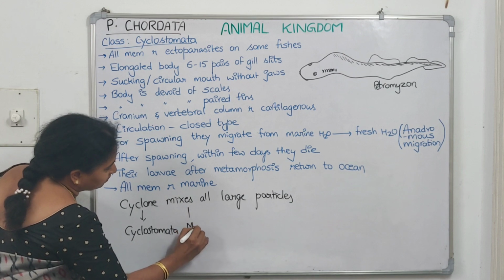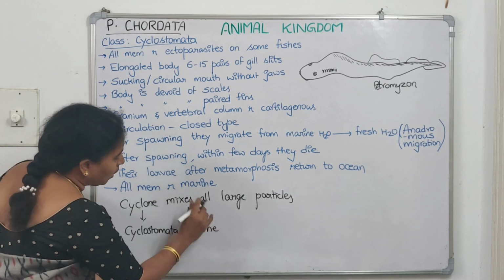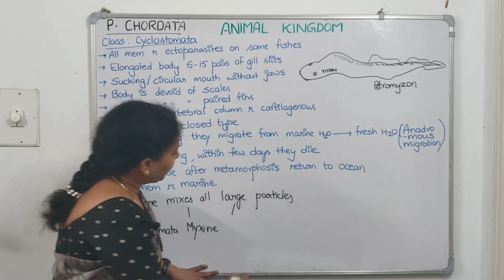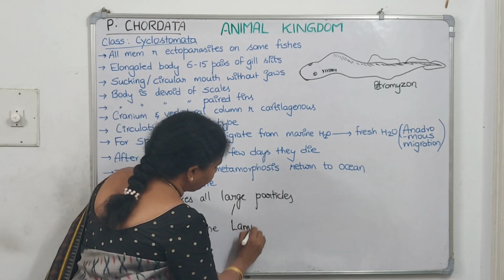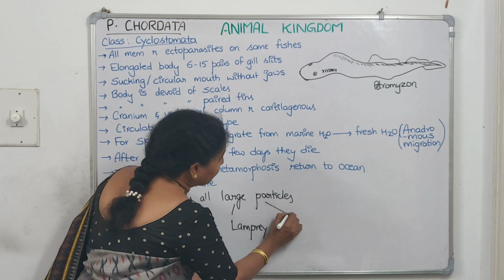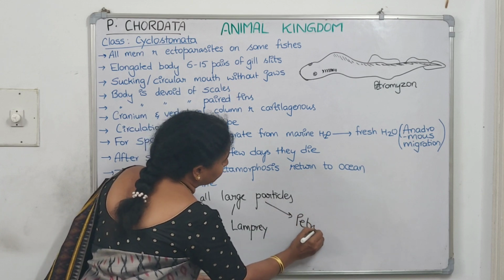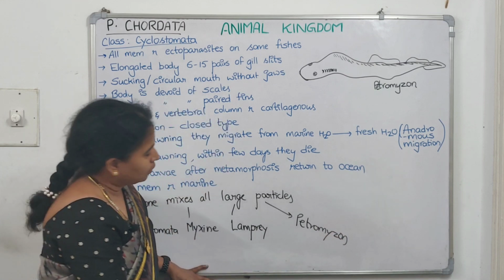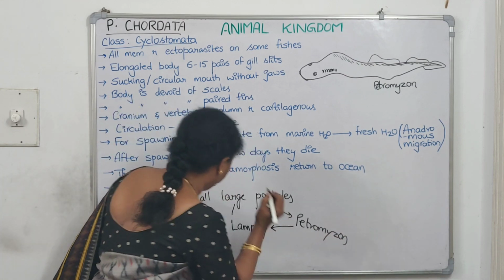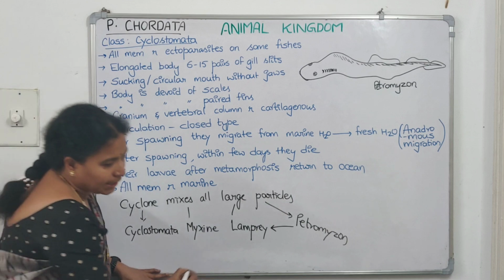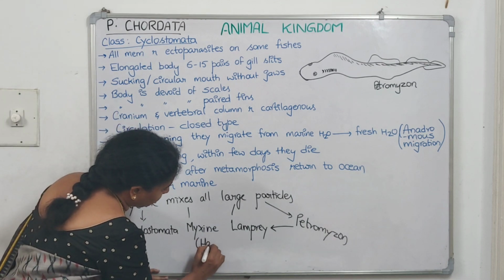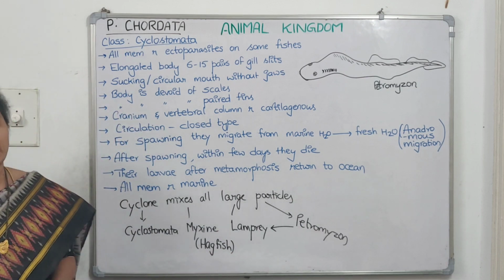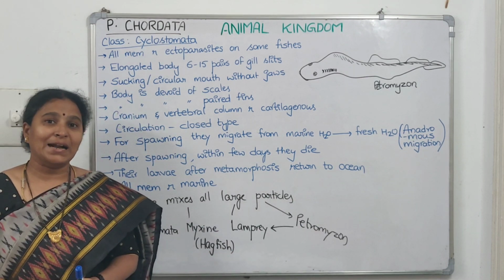Mixes means Myxine, which is called hagfish. All means leave it. Large stands for lamprey. And particles stands for Petromyzon. Petromyzon is also called lamprey only. So the code to memorize cyclostome examples is: cyclone mixes all large particles.